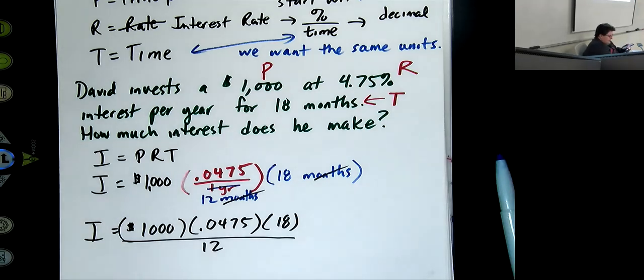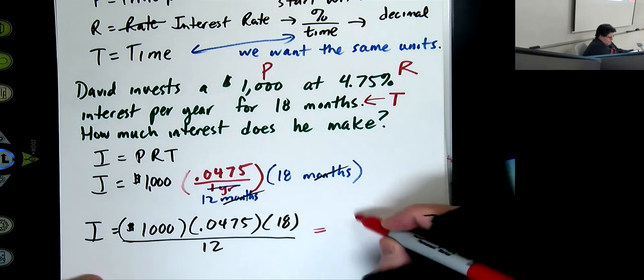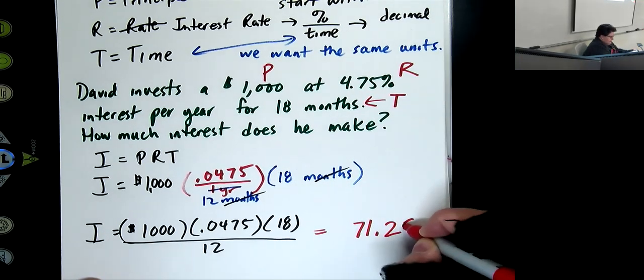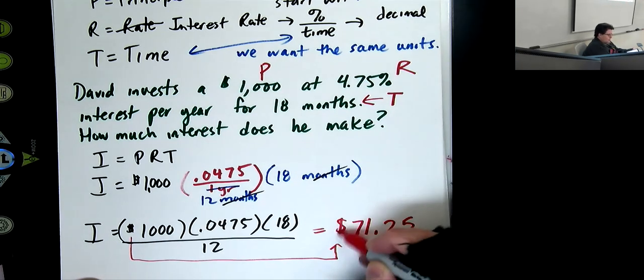And when I calculate it, I get 71.25. And the only units left is dollars, so it's $71.25.